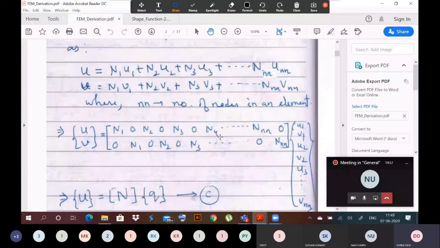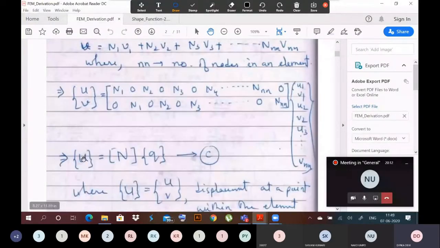So u and v can be written like this. In short form, we can write u, the displacement vector at a point, is equal to the shape function matrix N into q, where I have used this q term for the nodal displacement of an element. Q is the nodal displacement vector of an element, for one particular element, not for the whole system.